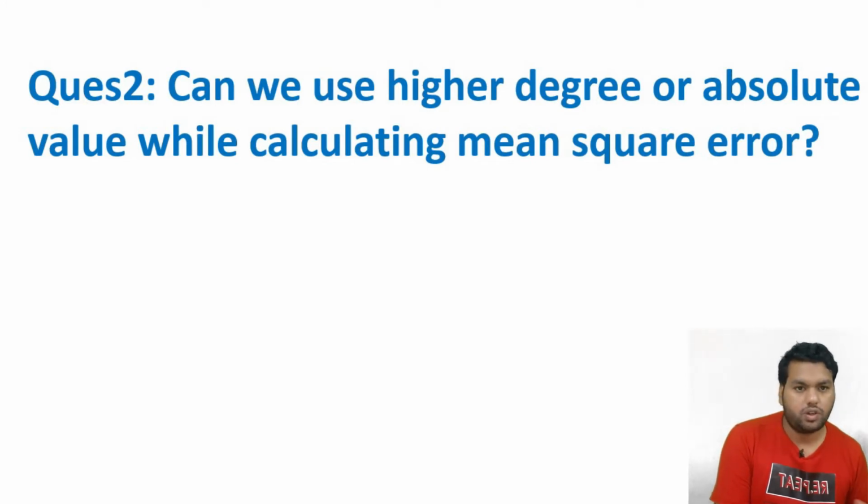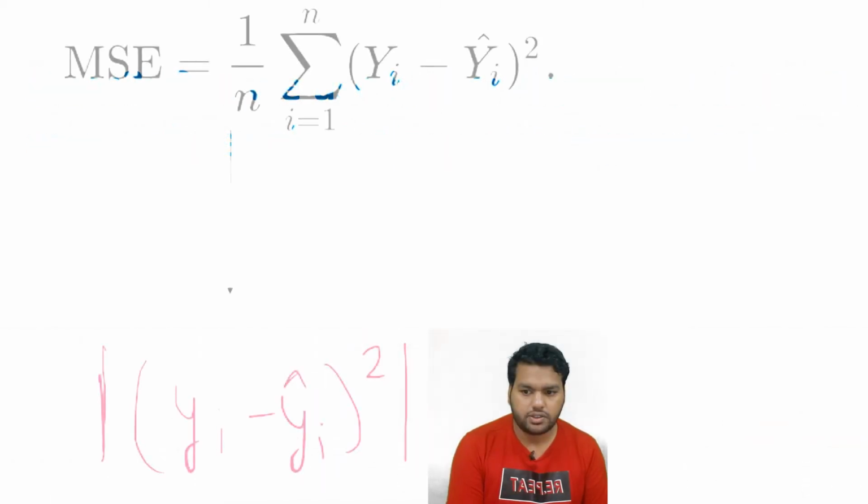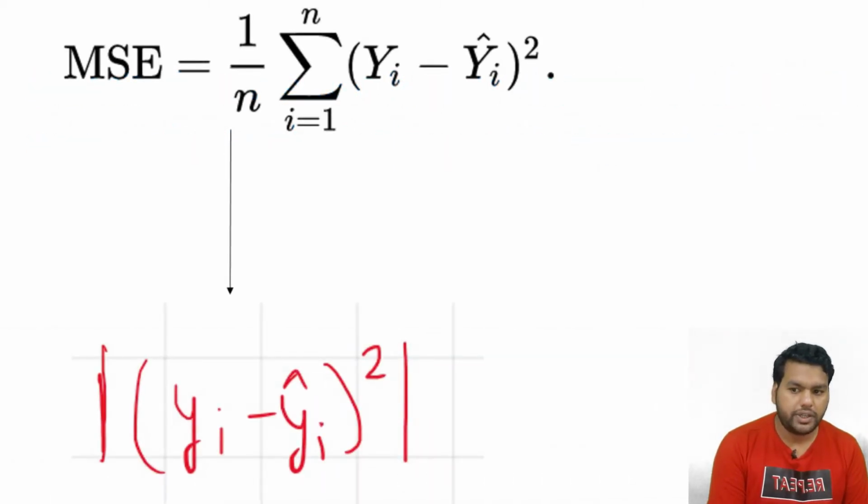He is asking two questions from one question: can we use a higher degree, or can we use the absolute value? So in place of the mean square error, can I use the absolute yi minus yi cap?